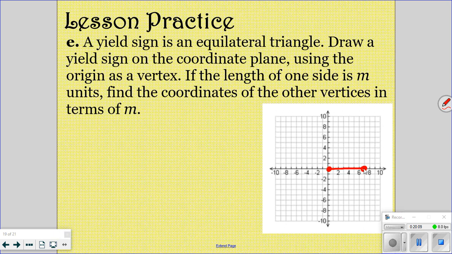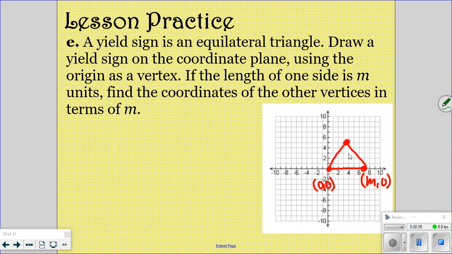It says it's equilateral, so that means that we're going to have to do something like this, because there's no way for it to be a right triangle and be equilateral. So this vertex would be 0, 0, and it wants us to find this one and this one. So the other one would be m, 0, and then we need to find this vertex up here.